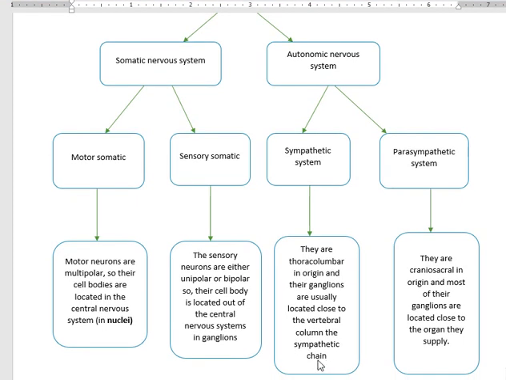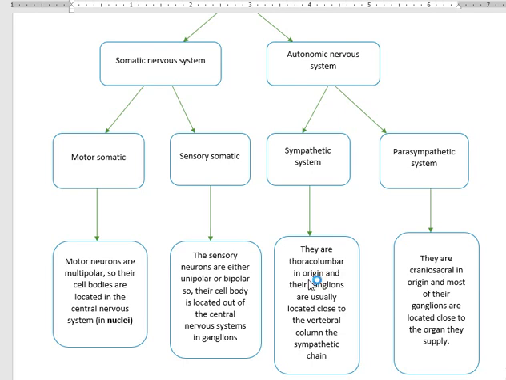This is the first thing: they have ganglions and their ganglions are located close to the sympathetic chain. The reason why the sympathetic system has ganglia is not that they are unipolar or bipolar, but instead that the autonomic nervous system always forms a ganglion on its way to the organ it supplies.